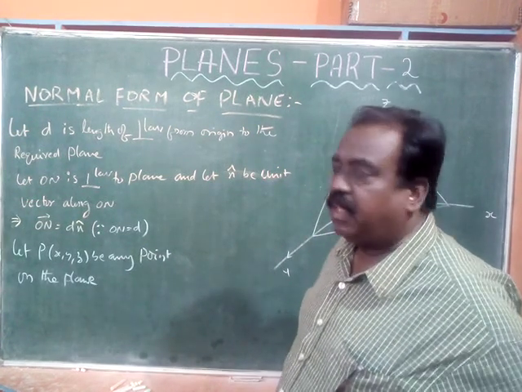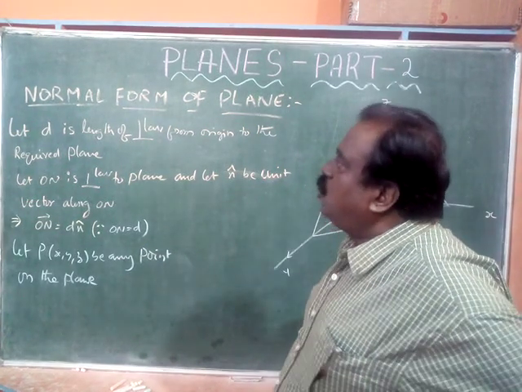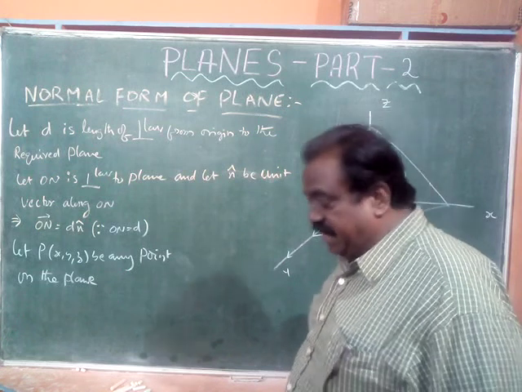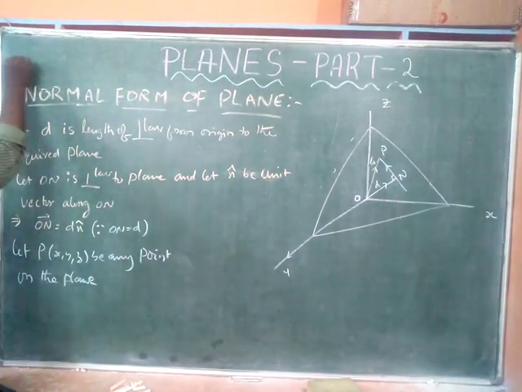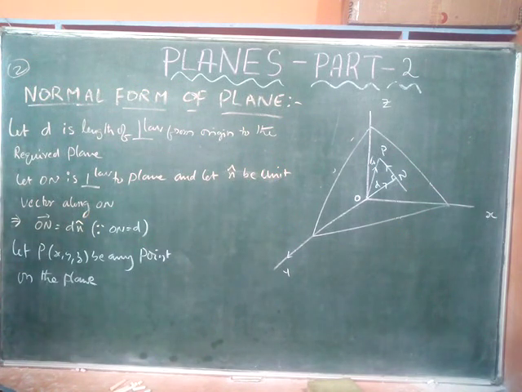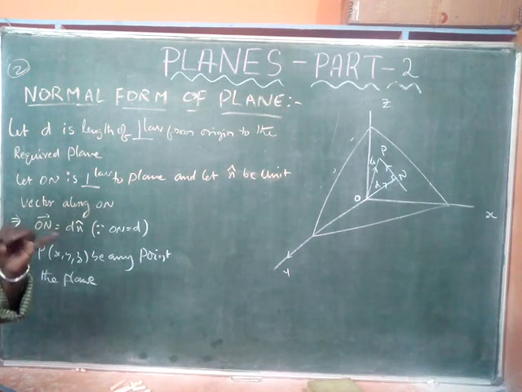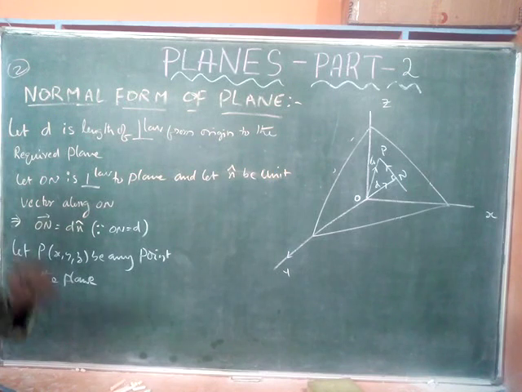Now I am going to discuss the second theorem, that is the normal form of plane. In the first year, we studied straight lines in two-dimensional geometry. There the general equation, two-point form, intercept form, slope intercept form and normal form are there.